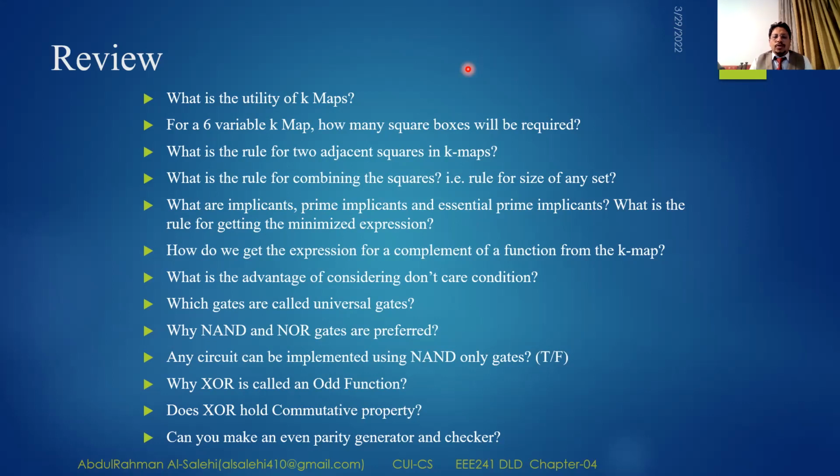We discussed which gates are called universal gates, and for that we say 3 gates: NOR gates, NAND gates, and the inverter. Then we saw why NAND gates and NOR gates are preferred, because from these gates we can build the full circuits and the full integrated circuits which we want, and if we have a NAND gate we can convert it to AND gates or vice versa.